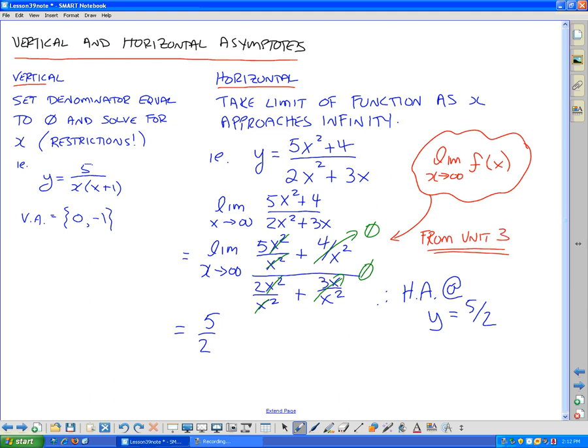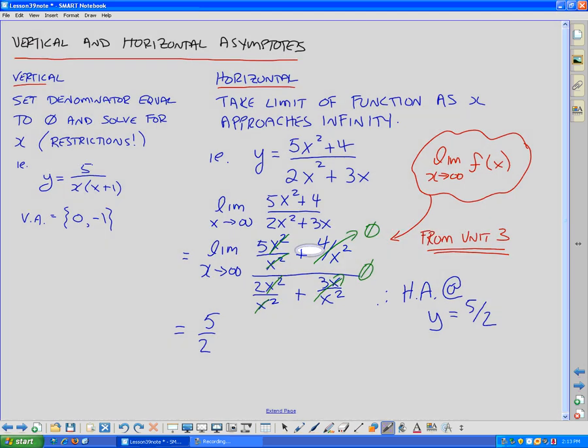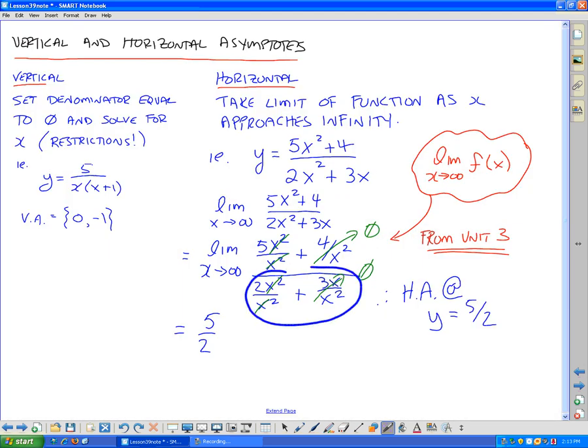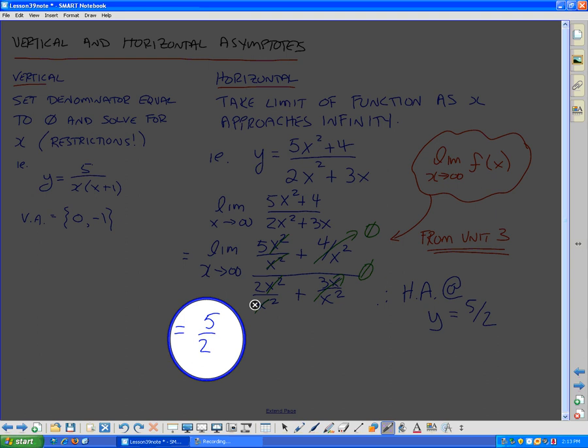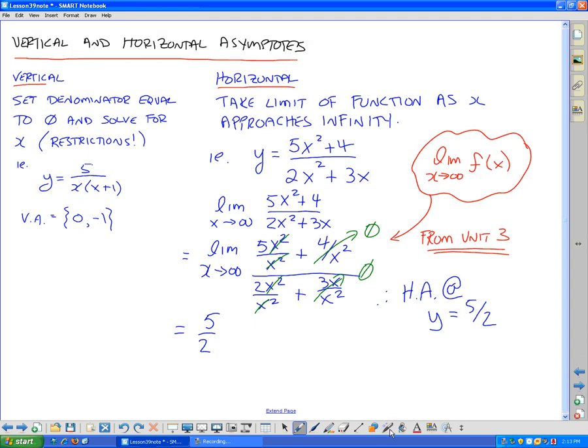From Unit 3, you find the largest power in the expression. You divide through every term by it, and that's what I'm doing here. So every term is being divided by x squared, exactly the same as it was in Unit 3. And we find that the limit as this function goes to infinity is 5/2. So therefore, there is a horizontal asymptote at y equals 5/2.